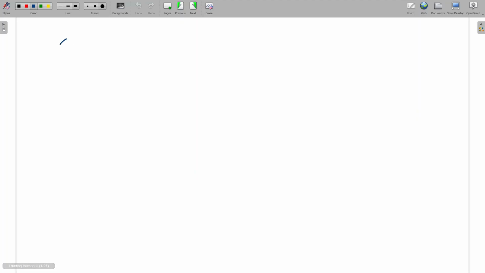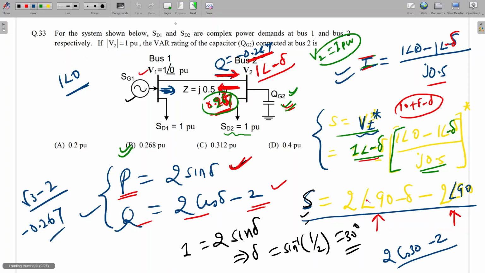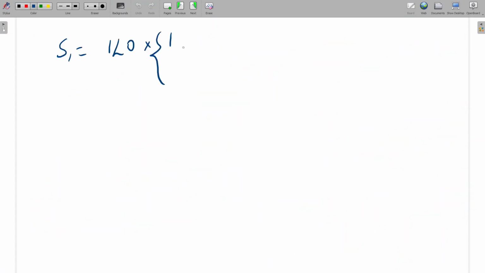So at bus 1, S1 will be 1 angle 0 into 1 angle 0 minus 1 angle minus delta, divided by J 0.5. So this will be the conjugate.